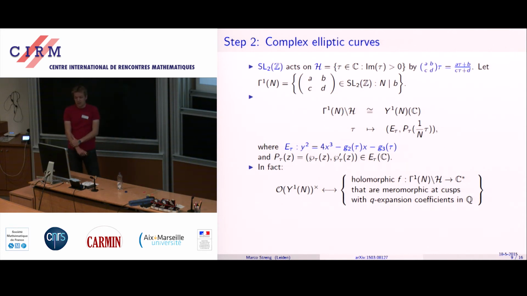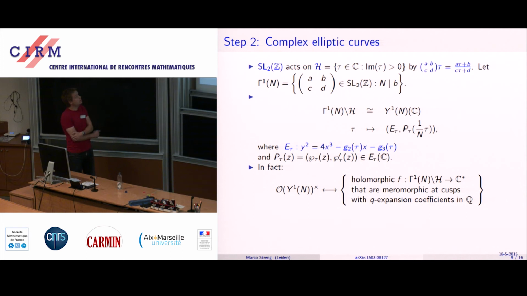And if we let gamma 1 of n be the matrices in SL2Z where the upper right entry is divisible by n, then the set of orbits for this action of gamma 1 of n is exactly the set of complex valued points of this curve y1 of n, where to a point tau in the upper half plane you associate an elliptic curve in classical Weierstrass form.